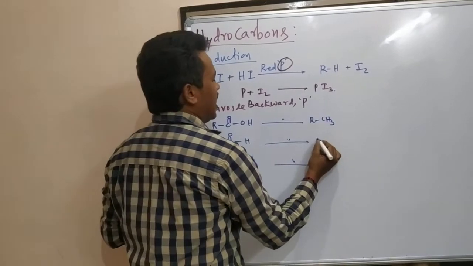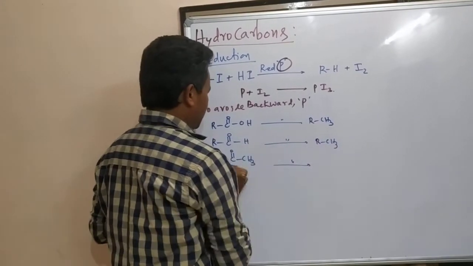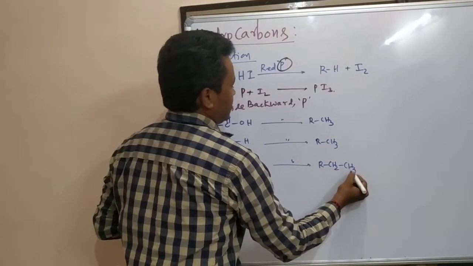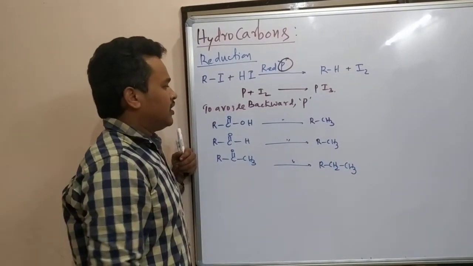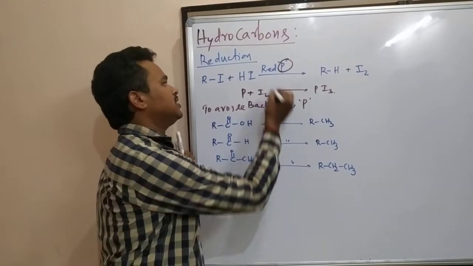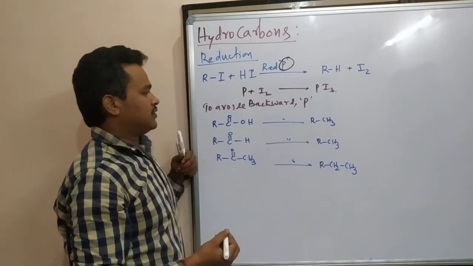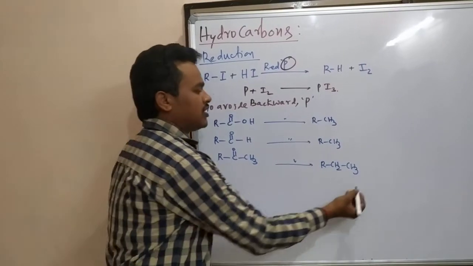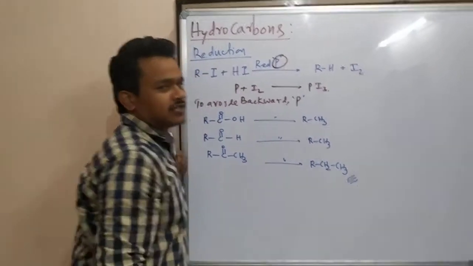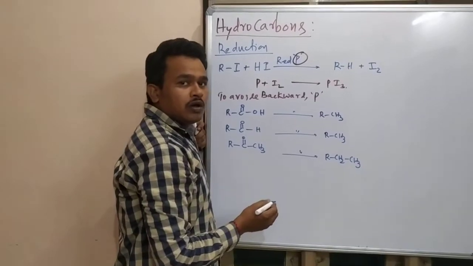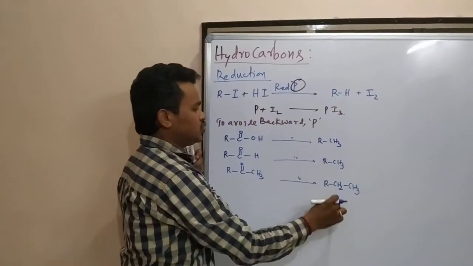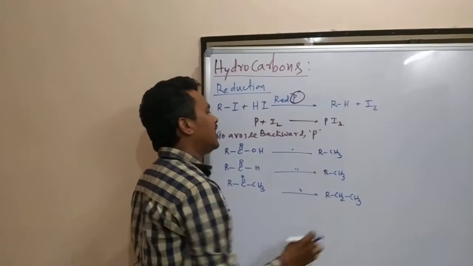Here also RCH3, and here RCH2CH3. Like this, a few reactions are there using the same red phosphorus. These are all reduction reactions. So the same reagent, HI and red phosphorus, can be used to get these products. These are all alkanes only.